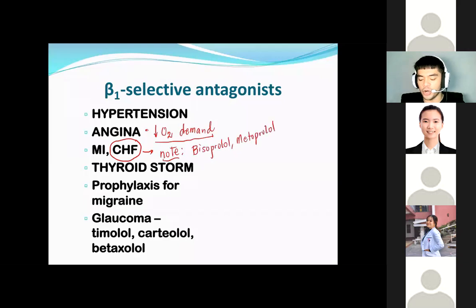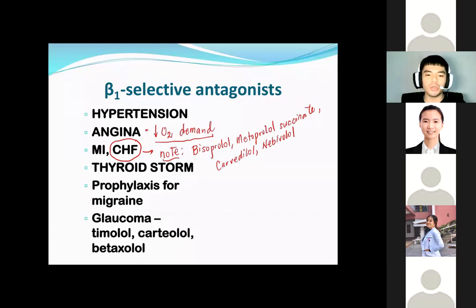Regarding metoprolol, we have plenty preparations or salt forms, but the one useful for congestive heart failure patients is the succinate salt, metoprolol succinate, and then carvedilol, and then nebivolol. Repeat natin, we have bisoprolol, metoprolol succinate, carvedilol, and nebivolol.